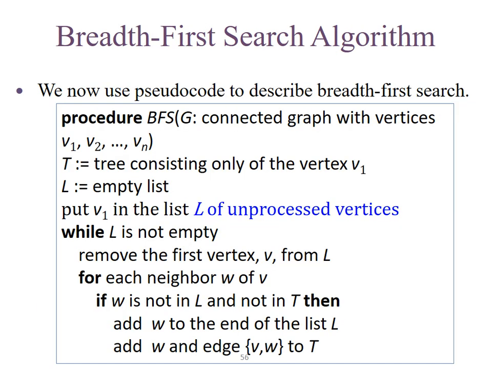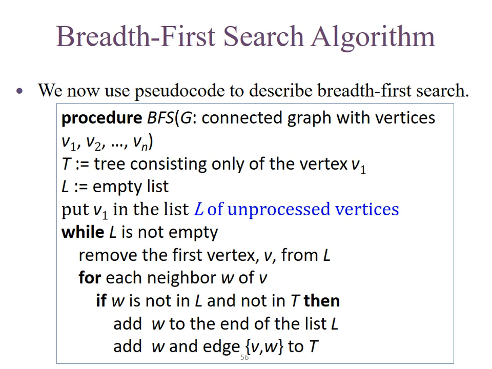Okay, so next let's see the breadth first search algorithm. We call this BFS. Okay, the input is the same, the given graph G with vertices V1, V2 to Vn. And then in this algorithm, we maintain two data structures. The first one is the tree T. Originally the tree T only contains the starting vertex V1.